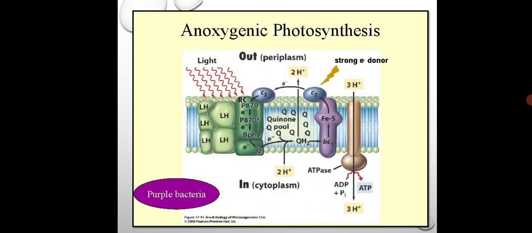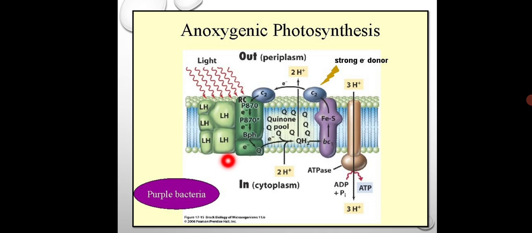We will revise once again through this diagram where the flow of electrons takes place. It takes place at the membrane. In purple sulfur bacteria, purple non-sulfur bacteria or any photosynthetic bacteria, the process of photosynthesis is carried out at the cell membrane, or we can say at the chromatophores.